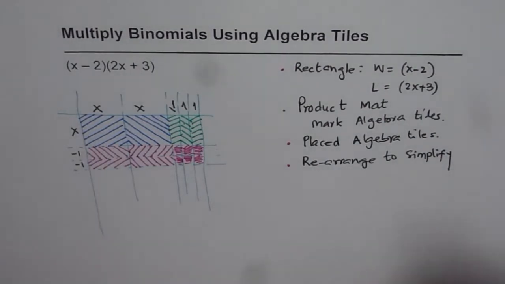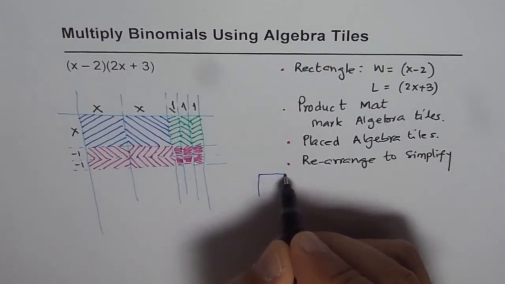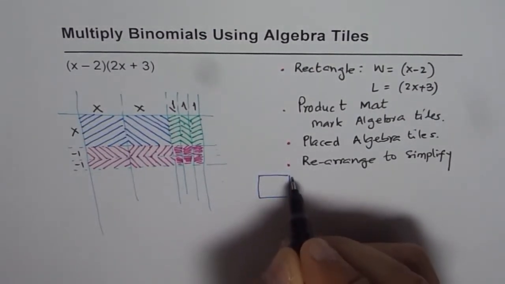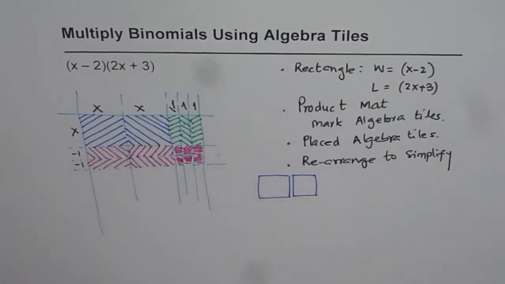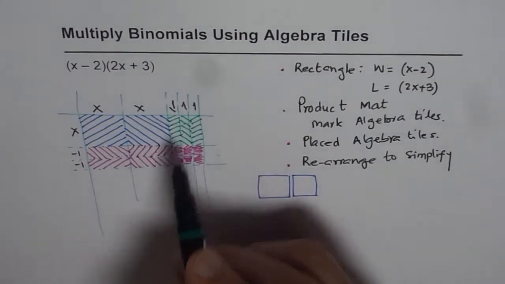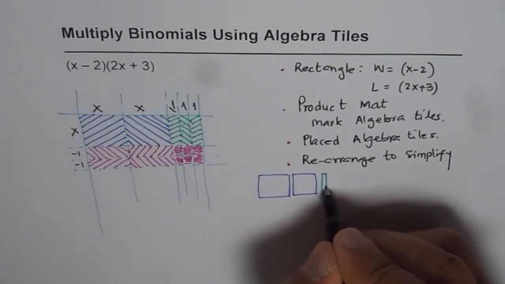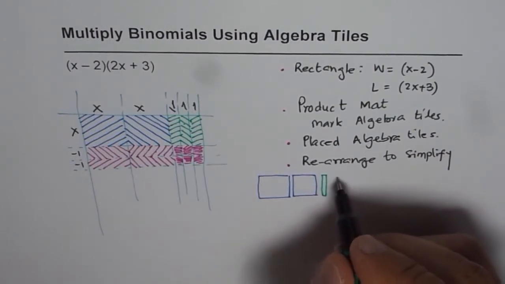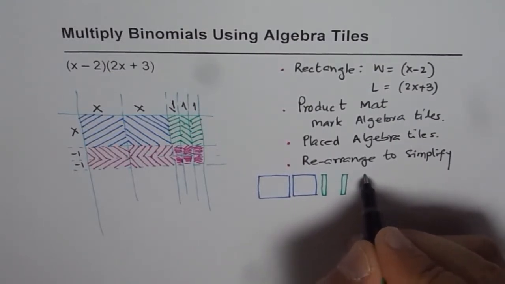So we have 2x square tiles. These are my two x squared tiles. Then I have 3 positive x. I'll give a gap between them so that I can draw the red tiles in between.